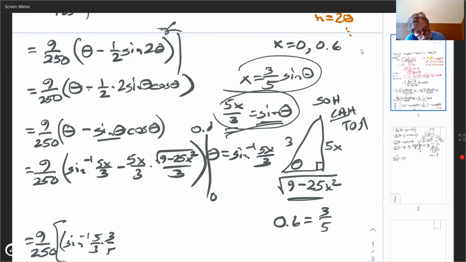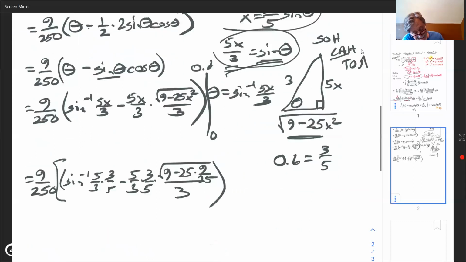And then it's minus 5/3 times 3/5, and then times radical. Okay, this is going to be 9 minus 25 times this guy squared, which is going to be 9 over 25. And then over 3, and that's just the first limit.